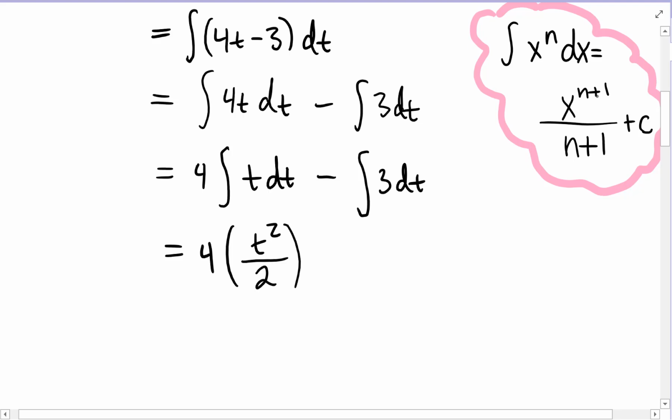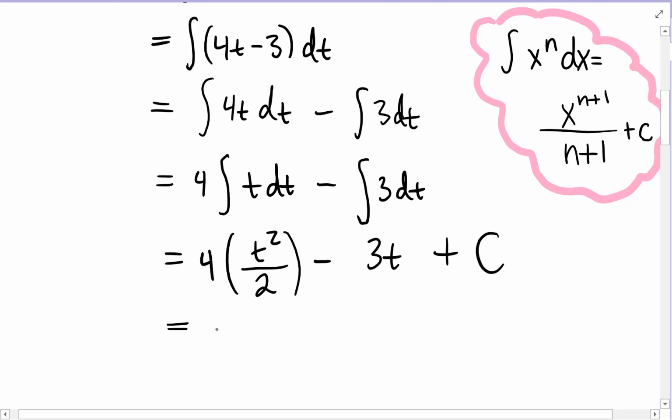X to the n plus 1 divided by n plus 1, minus the integral of 3, which is 3t plus c. After reducing, I get 2t squared minus 3t plus c, and this is the velocity function, except it has a plus c in it.